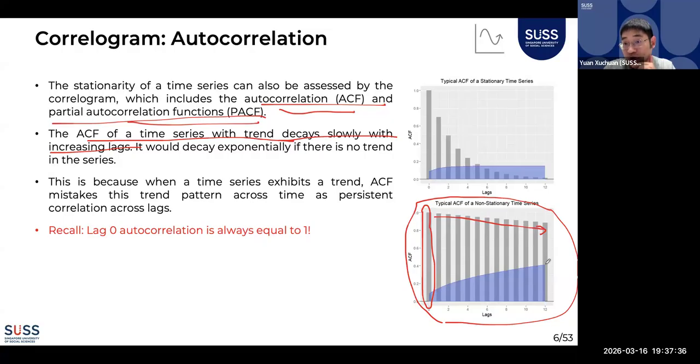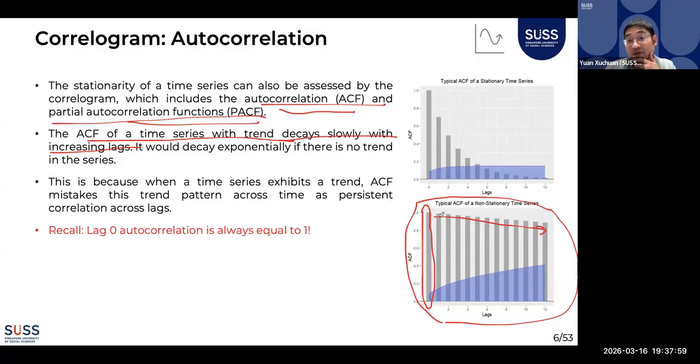This blue area refers to the two standard deviation. There is actually a theorem behind the autocorrelation function: if they have no correlation, they follow a normal distribution, something like that.